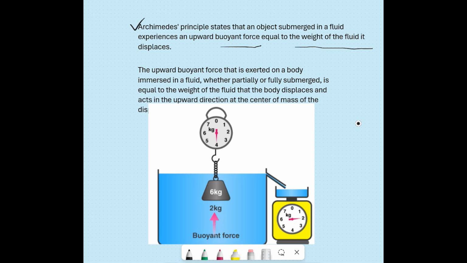It means this object is submerged within the fluid, and due to the submersion of this object, the fluid experiences a buoyancy force, which is actually 2 kgs, and the same amount of water will fall down here.